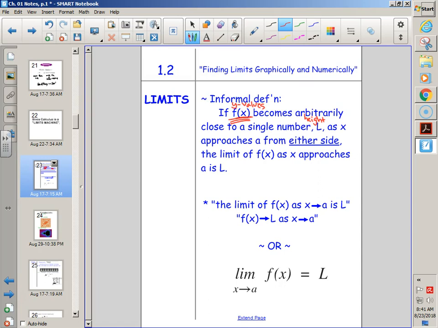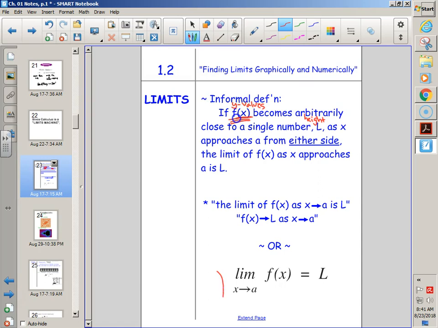This is where we started shortcutting this big old informal definition to make it shorter. The limit of f of x as x approaches a is L, and shorter, f of x approaches L as x approaches a, and shorter, or more proper, the limit as x approaches a of f of x is L, provided the limit exists, provided as you approach from either side, the f of x is getting closer and closer to that constant.